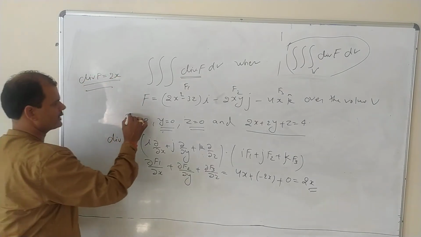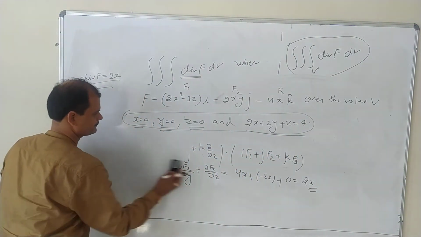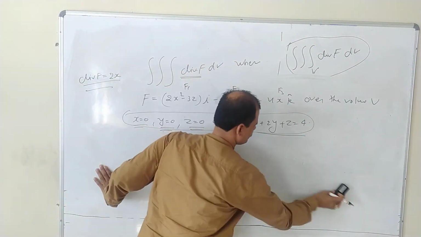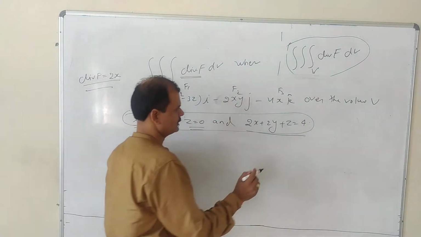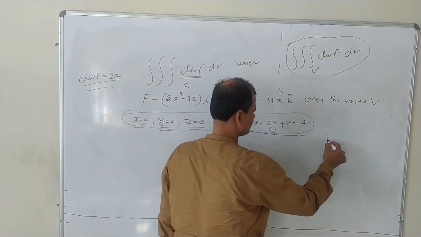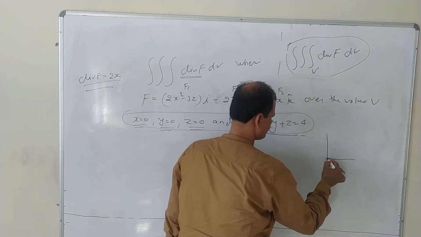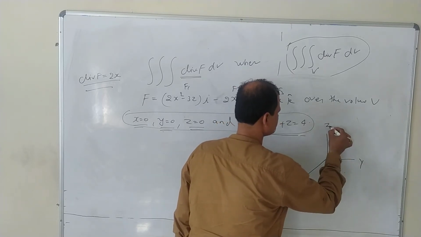Now let us try to understand this portion. I will just try to draw it, but I am not sure, this is a 3D picture. This is the x, this is the y, this is the z.